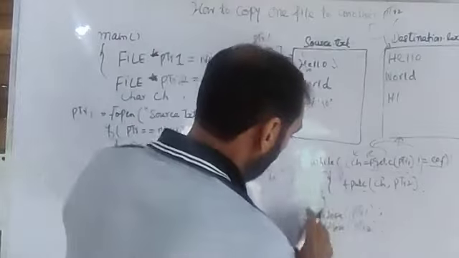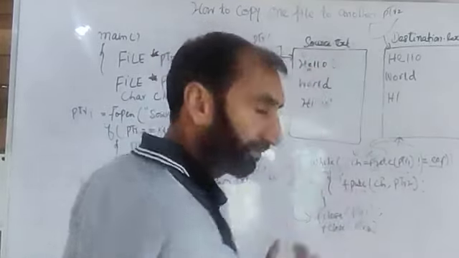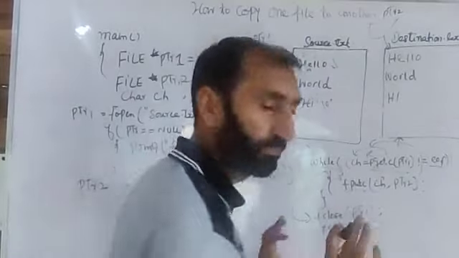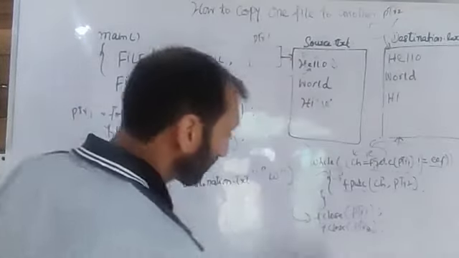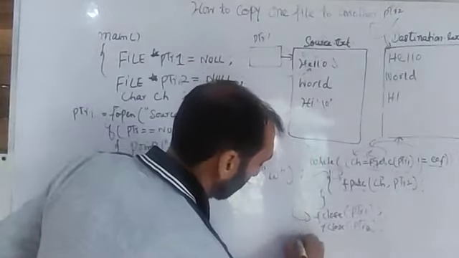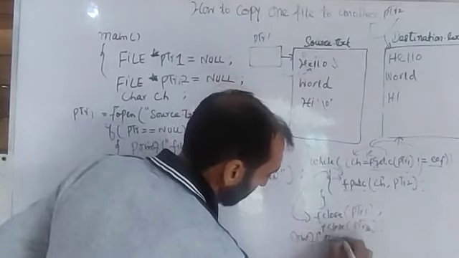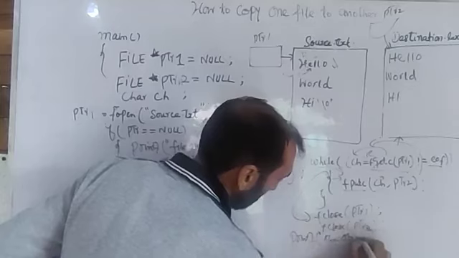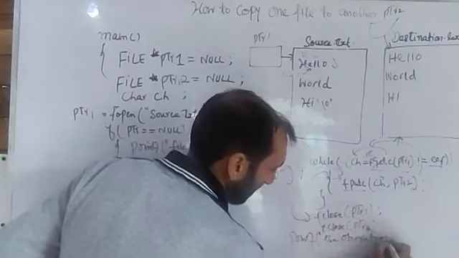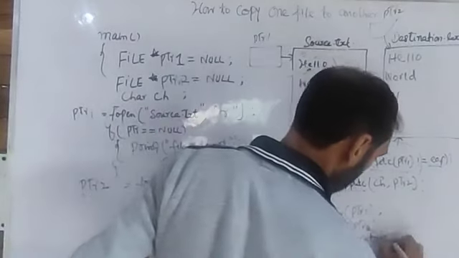And after that we can close the files, fclose ptr1, this file will get closed, and fclose ptr2. And we can also print a message, for example printf operation successful, or any other message.